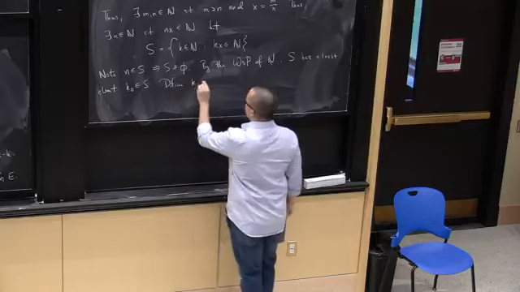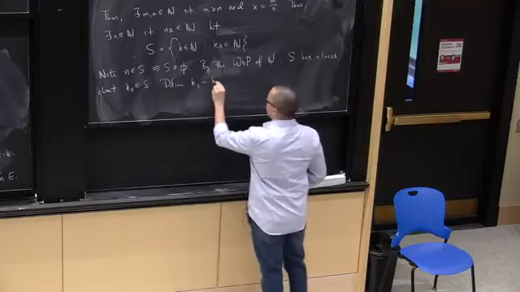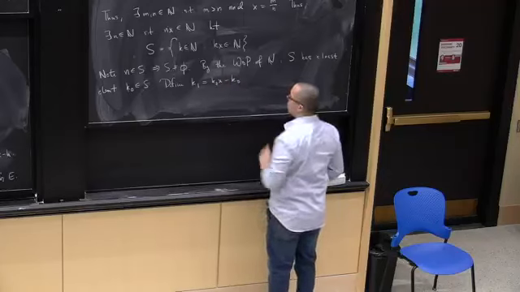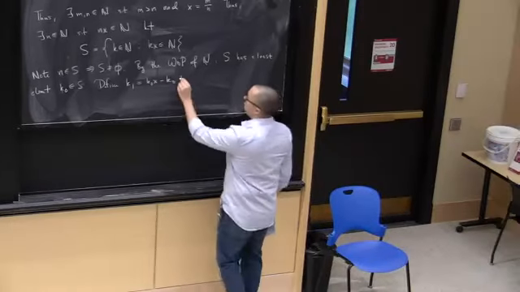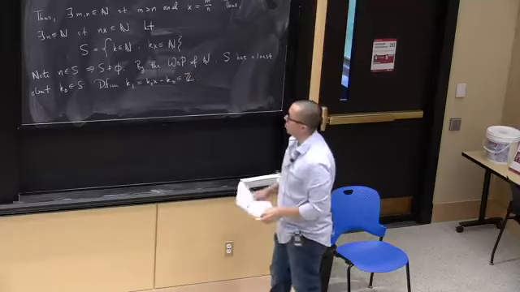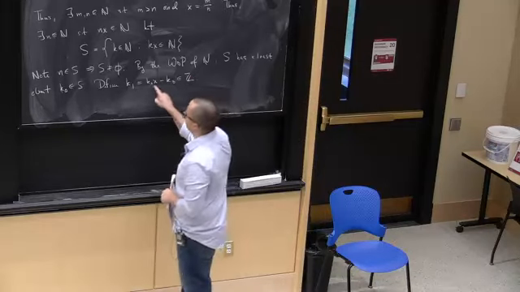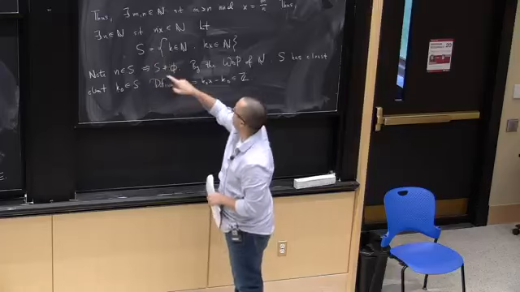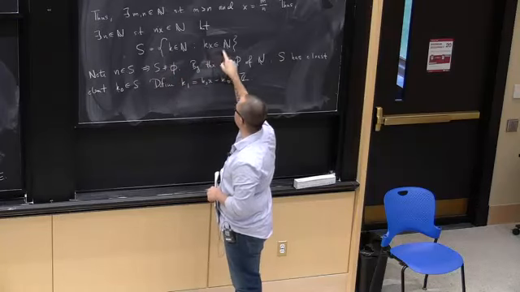Define K1 to be K0x minus K0. And note, this is an integer. Why? Because K0 times x, so K0 is in the set S, meaning K0 times x is a natural number.